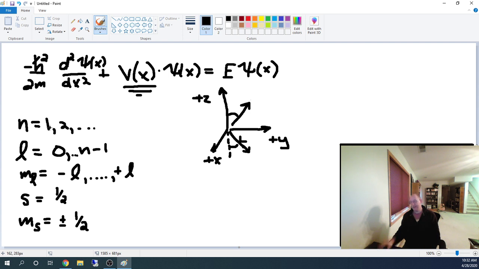It's the main quantum number when asking, what's the energy of this electron? And it's 1, 2, 3, 4, 5, any integer that's greater than 0. The orbital angular momentum, l, is like, on average, as the electron orbits around, what angular momentum does it have? Well, that could go from 0 up to n minus 1. m sub l is the magnetic quantum number associated with the orbital motion of the electron. It goes from negative l to positive l.